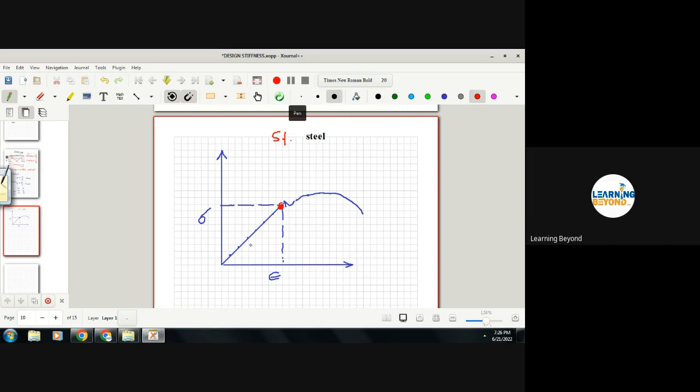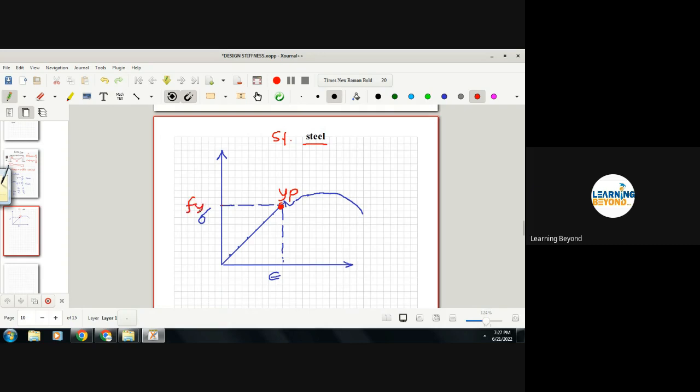So we can say it is the elastic limit, and this point is called the yield point. Yield point. And the stress corresponding to this we call the yield stress, and if it is steel, then we can call it Fy. So this is the yield stress.